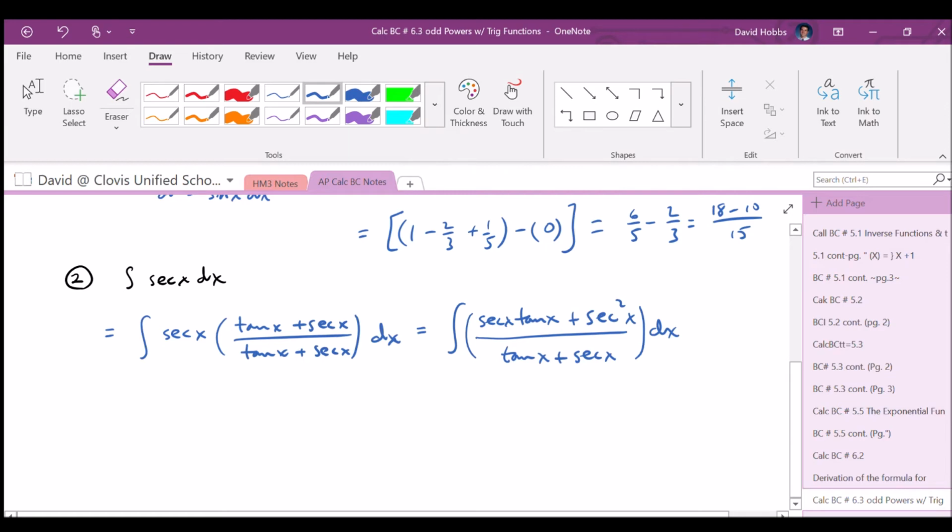Okay, now if we do a u substitution, and generally if it's a fraction we look in the denominator, but it's not always the case. But if we look at the denominator, if u is tangent x plus secant x, then du would be the derivative of tangent, which is secant squared, and the derivative of secant, which is secant tangent.